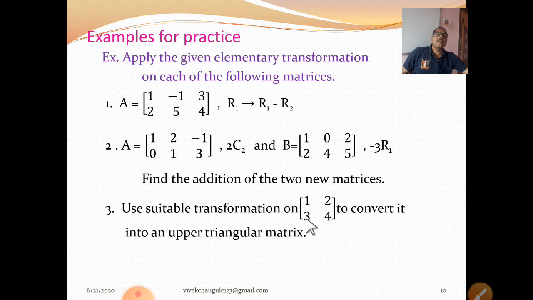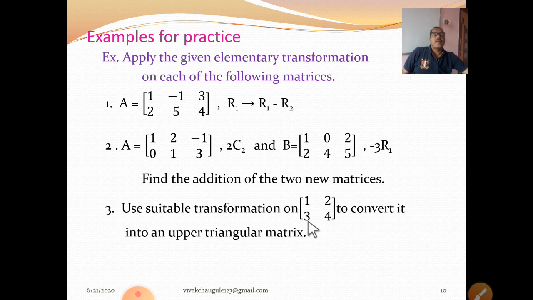After that we say that this is the upper triangular matrix. So we have to convert this element to 0, and you can write the transformation here. By using that transformation you change to the upper triangular matrix. Okay, so what is the transformation?